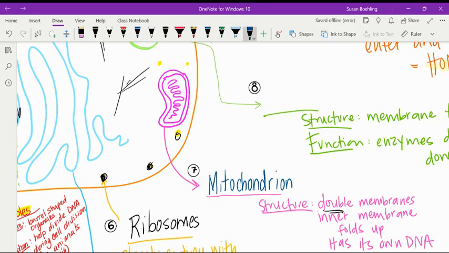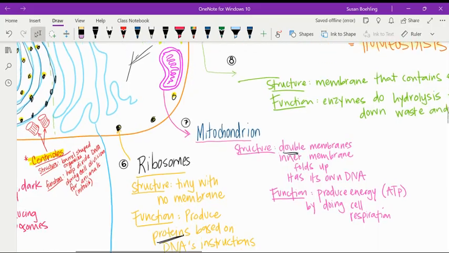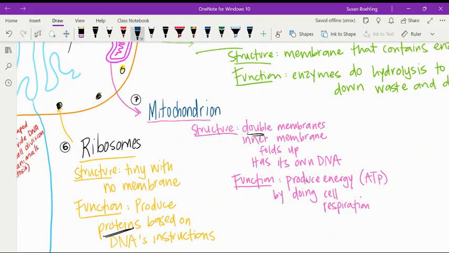Singular would be mitochondrion. Plural would be mitochondria. So we have mitochondria in varying degrees in different cells. You're going to have lots and lots of these in your muscle cells because the function of this is to produce energy. ATP is cellular energy.